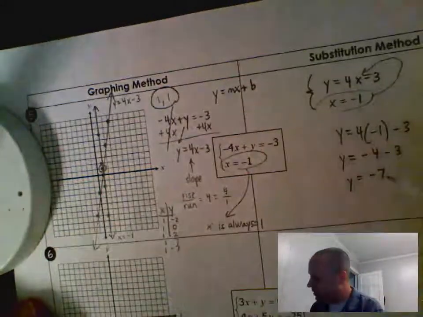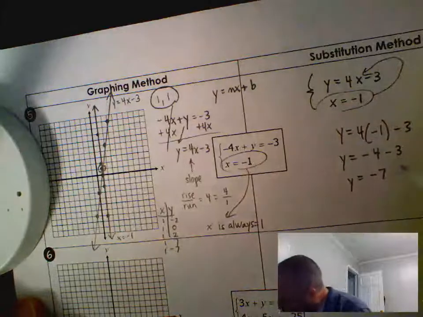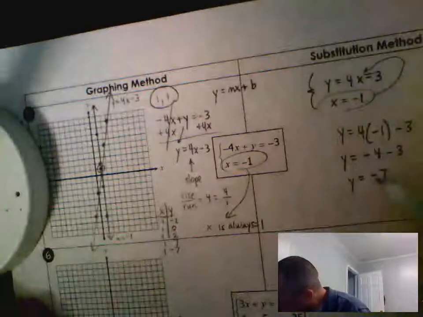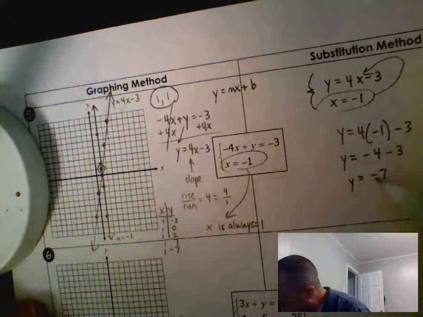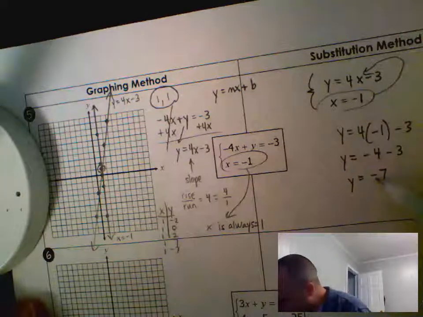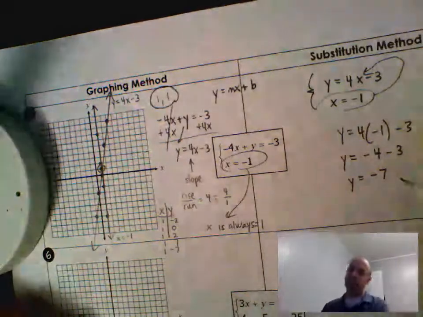Okay, and then what's going to happen is I'm going to take that x is negative 1. Shoot, all right, I'm going to have to come back to that.